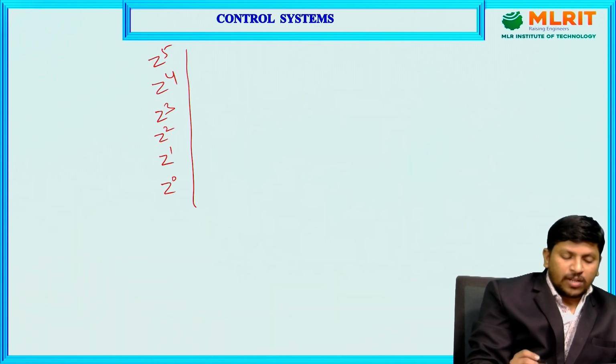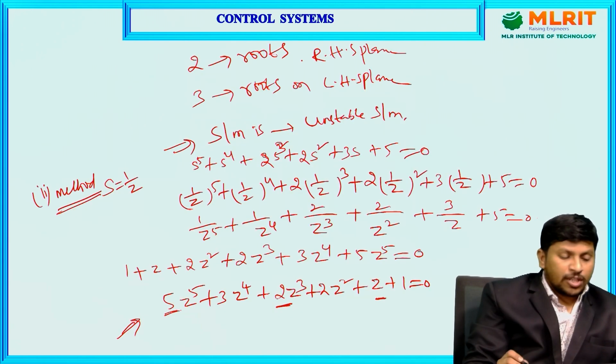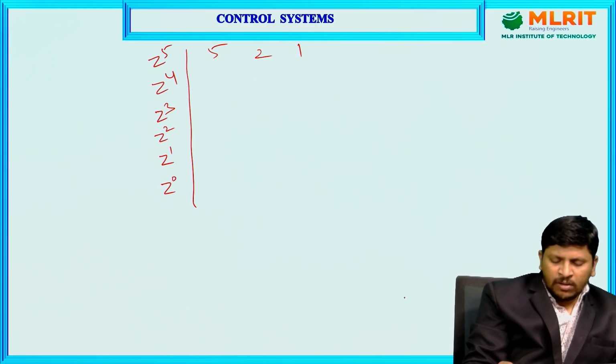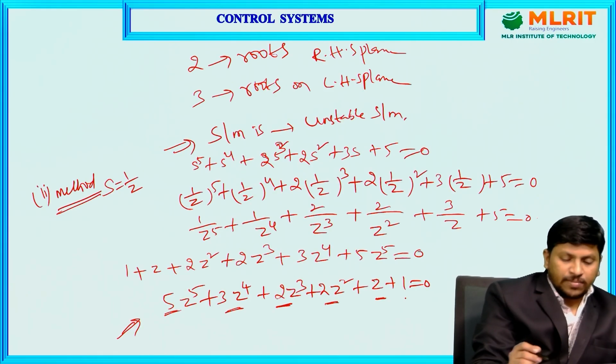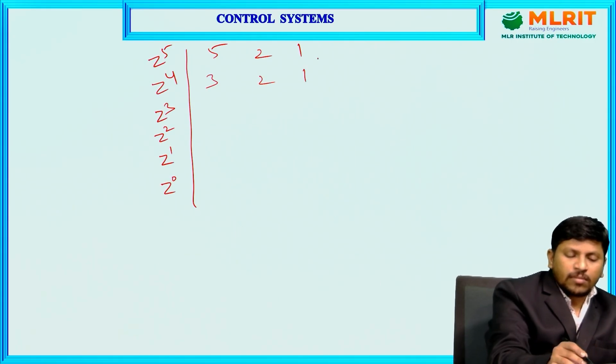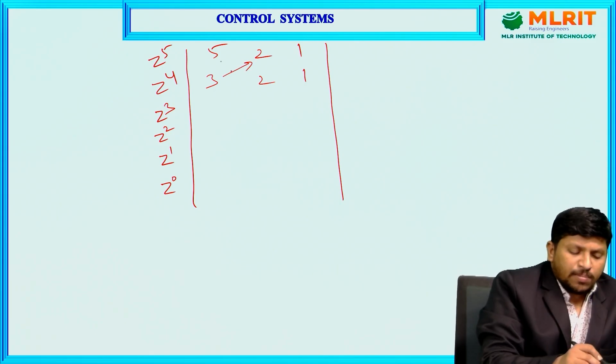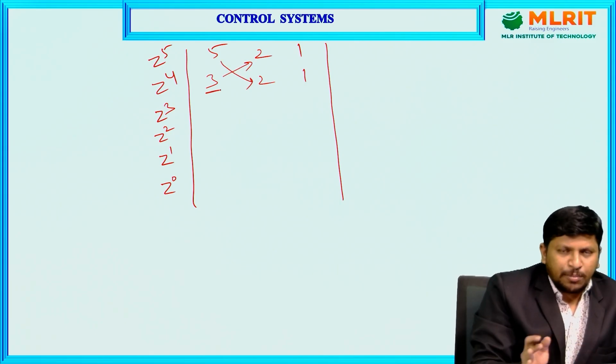For Z power of 4, the even-power coefficients are 3, 2 and 1. For Z cube, just these two multiplied. This is our base, same procedure as previous.